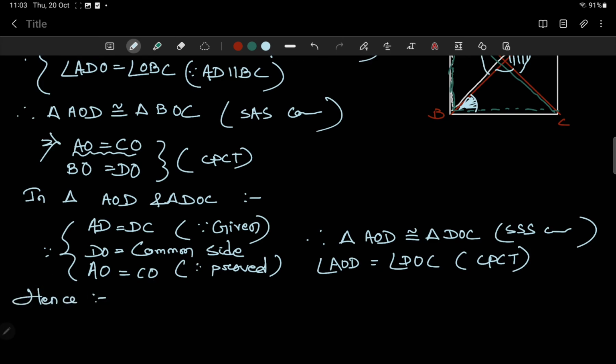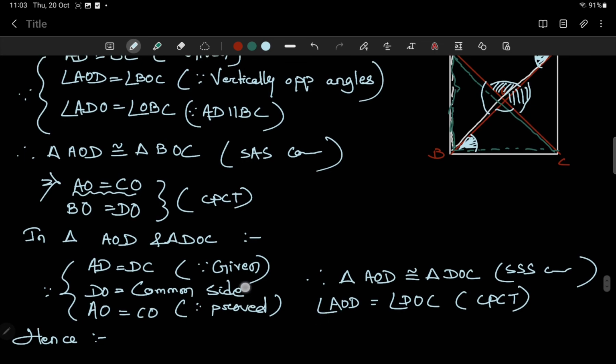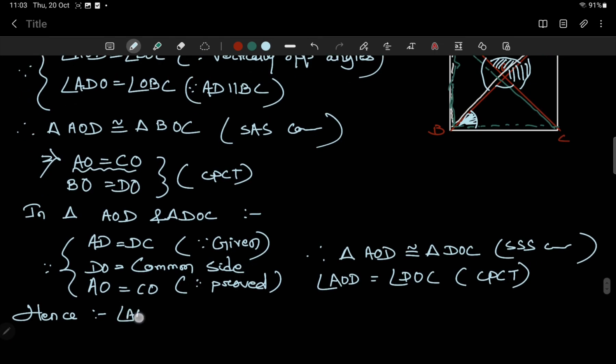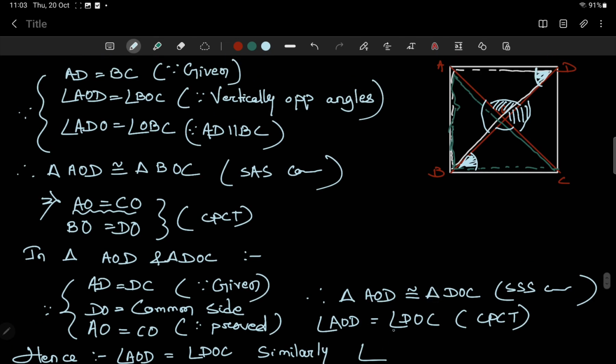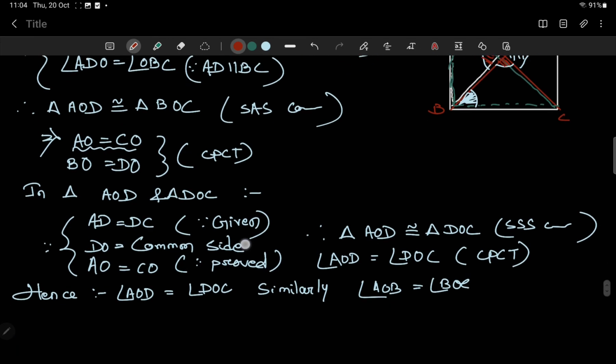Hence angle AOD equals angle DOC. Similarly, if we prove it, we can write that angle AOB equals angle BOC. If these two angles are the same, then I can write that these two angles are also the same.